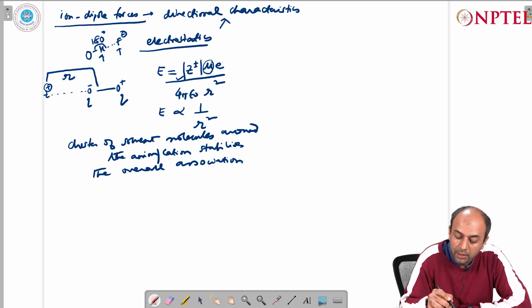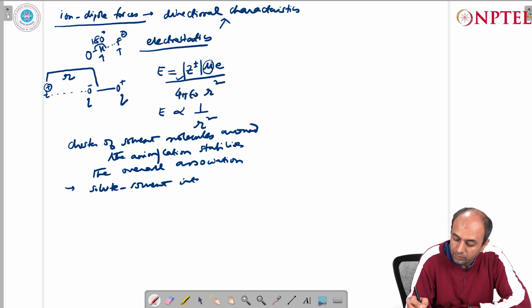So now that we know that the individual magnitude of the ion dipole forces is weaker compared to ion interactions, we need to enhance the overall energetic stabilization, and that is possible by having multiple such ion dipole interactions between the cation and the dipolar ends, so that you can overall stabilize this association of molecules, and that is the driving force for extensive solute-solvent interactions, which stabilizes the overall supramolecular assembly.